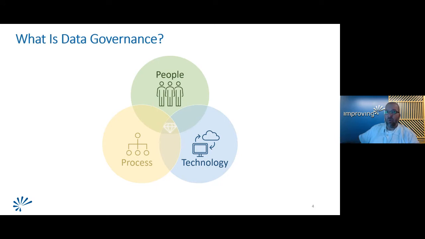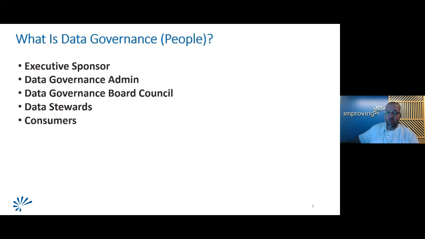So let's start with what is data governance from a people perspective? Well, simply put, to kick it off, you have to have executive sponsorship. Somebody has to basically give the green light to actually integrate data governance into our philosophy as an enterprise. It can't just be somebody with a good idea in IT, because those people typically just don't have enough influence to drive the entire behavioral process of an organization.